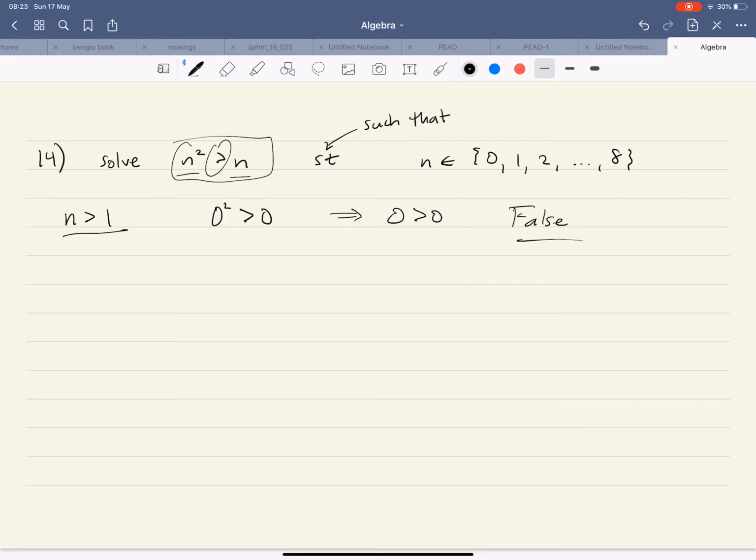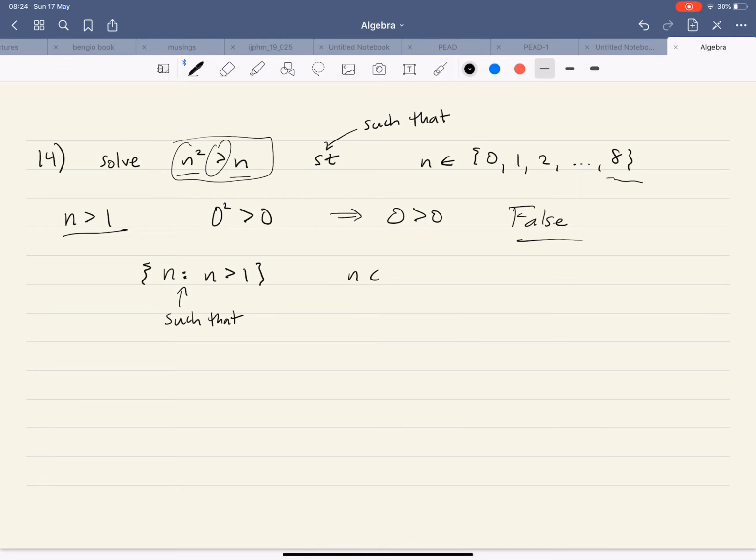So my solution set is going to be n such that, remember when I write this colon like this, it means such that n is greater than 1. So that's my solution set. It's kind of my solution set because really I'm only allowed to go up to 8.